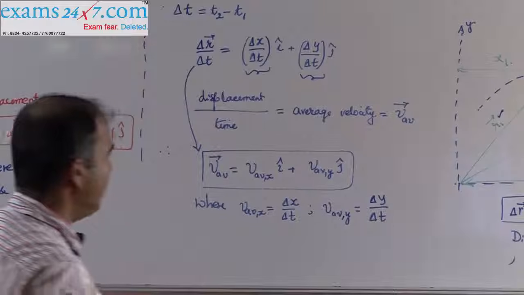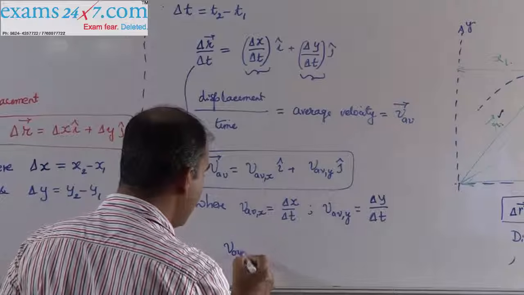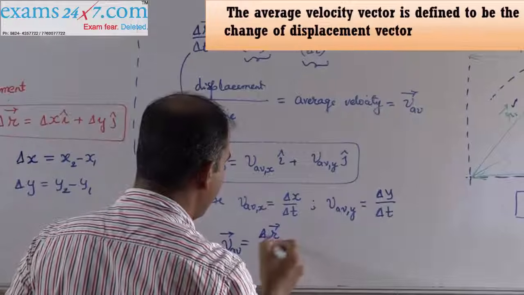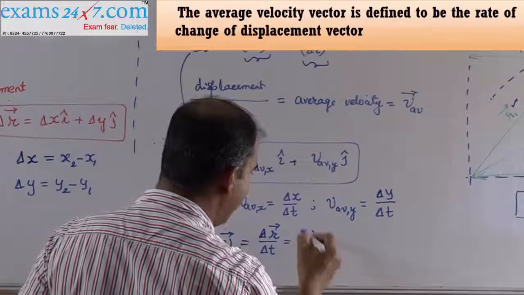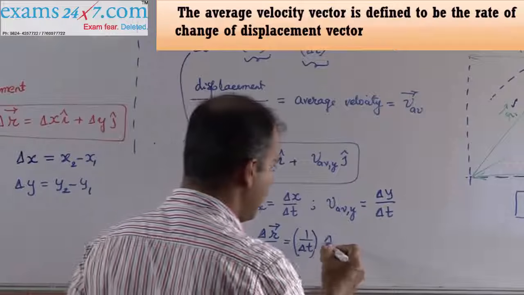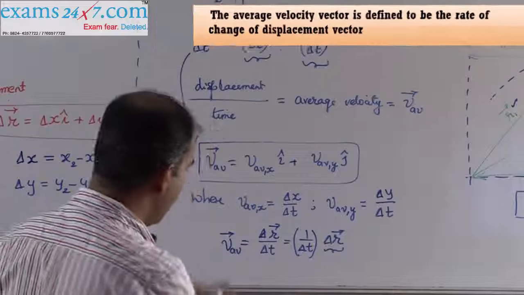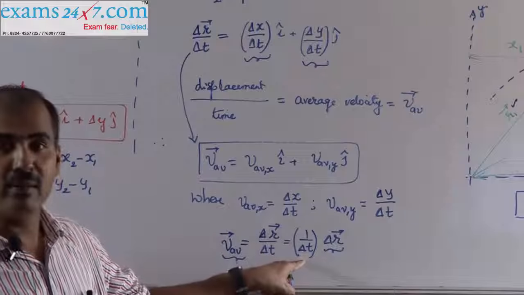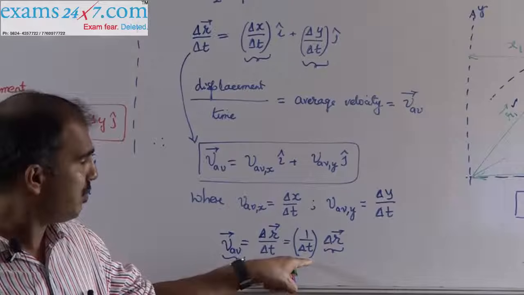One more point that I must tell you is about the direction of the average velocity. Average velocity by definition is given by displacement by time taken, or you may even write this as 1 by delta t, which is basically a scalar, times delta r. Notice delta r is a vector, and so is the average velocity. 1 by delta t is always a positive quantity because delta t, the time interval, is always positive.